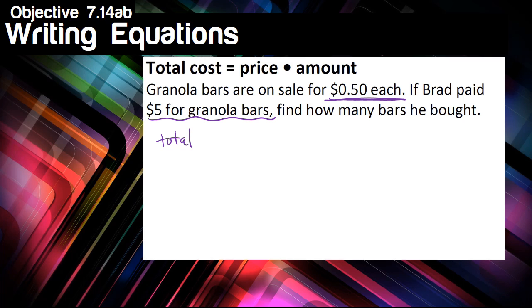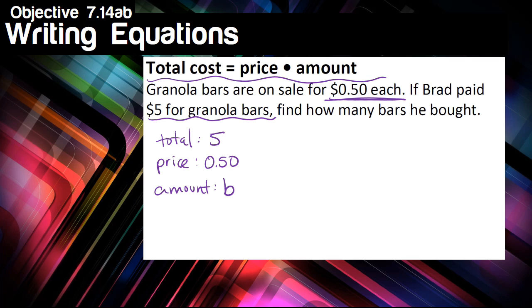Our total cost will be $5. And then the price is going to be 50 cents a piece. And then we're trying to figure out the amount of bars he bought. Let's go and label that. Let's give that a label of B. Sounds good for granola bars. And let's go ahead and use this equation here.